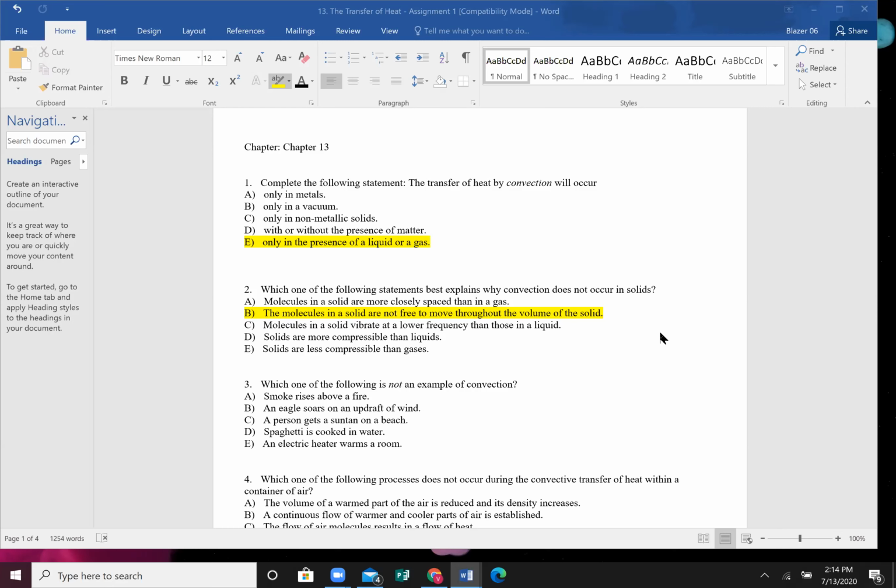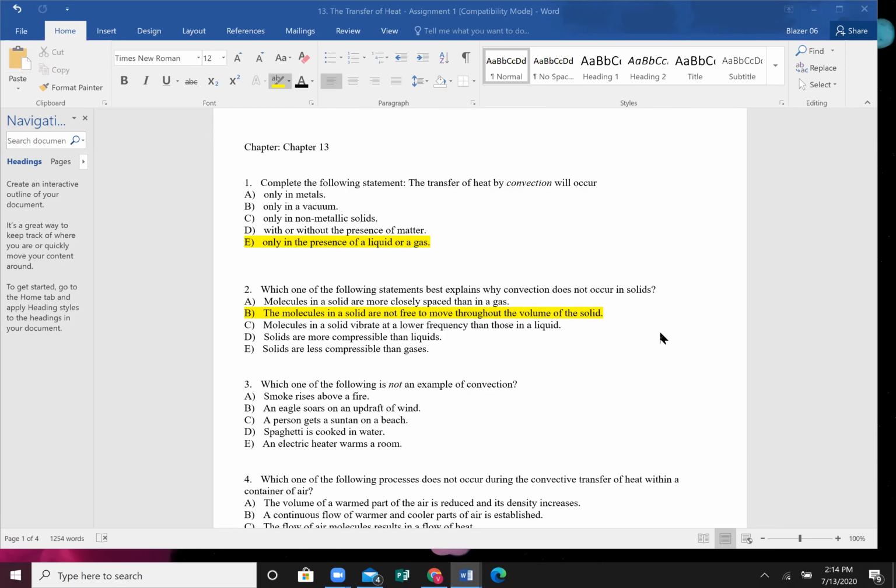Which one of the following is not an example of convection? Look through it and tell me which one of the following is not an example of convection. Convection is the bulk movement of a fluid, carrying the heat from place to place. Okay, so let's go through.